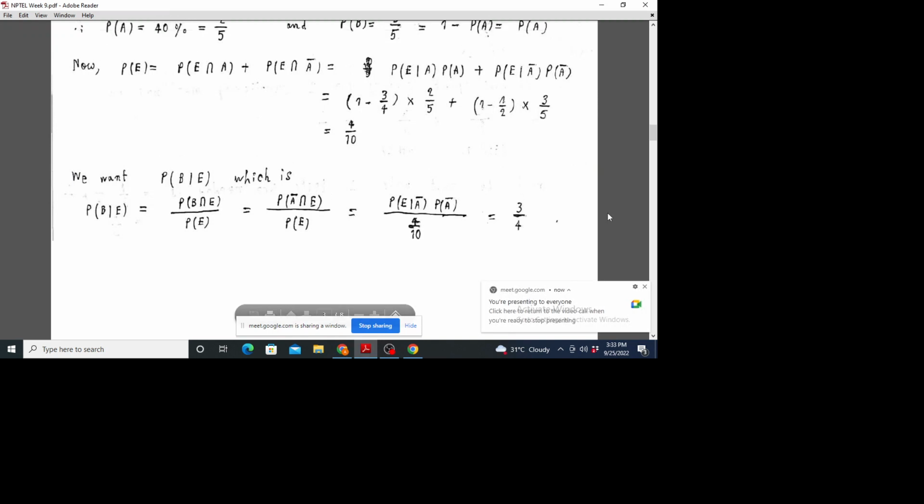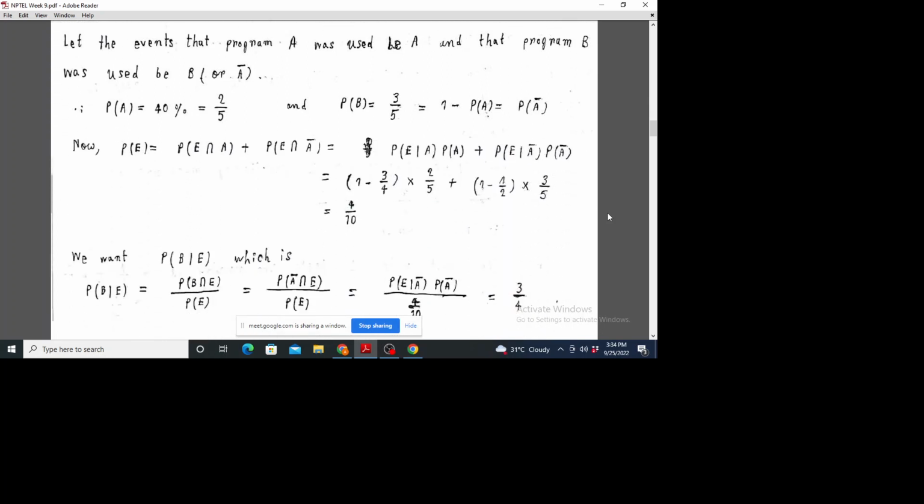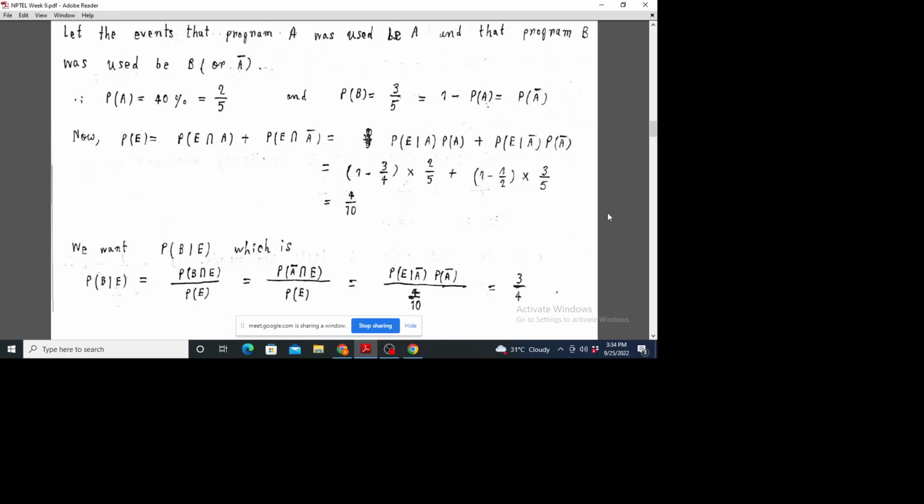Okay, now let us move on to the next one. So you see the previous problems can be solved using the Bayes theorem directly, but as I said, if you take that approach, you need to memorize a huge number of formulas, so it's better to use these symbols for languages and use just the definition of conditional probability.